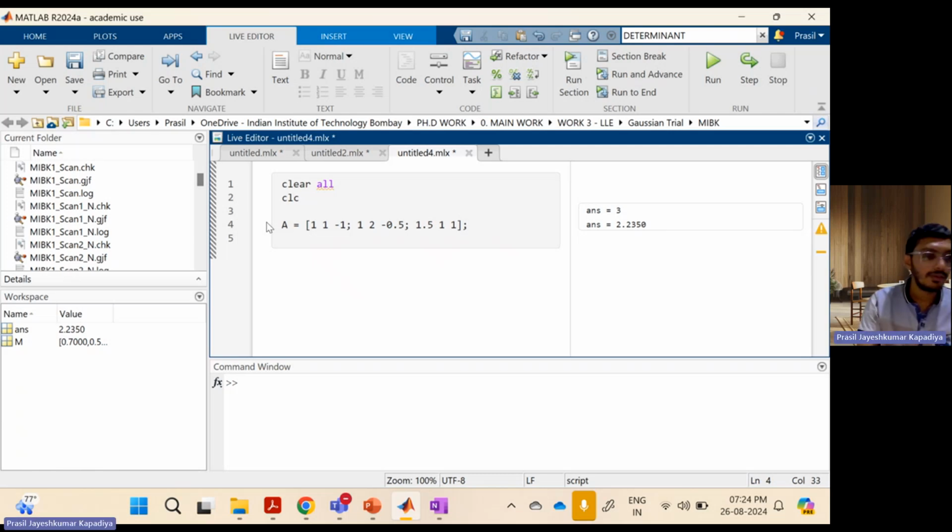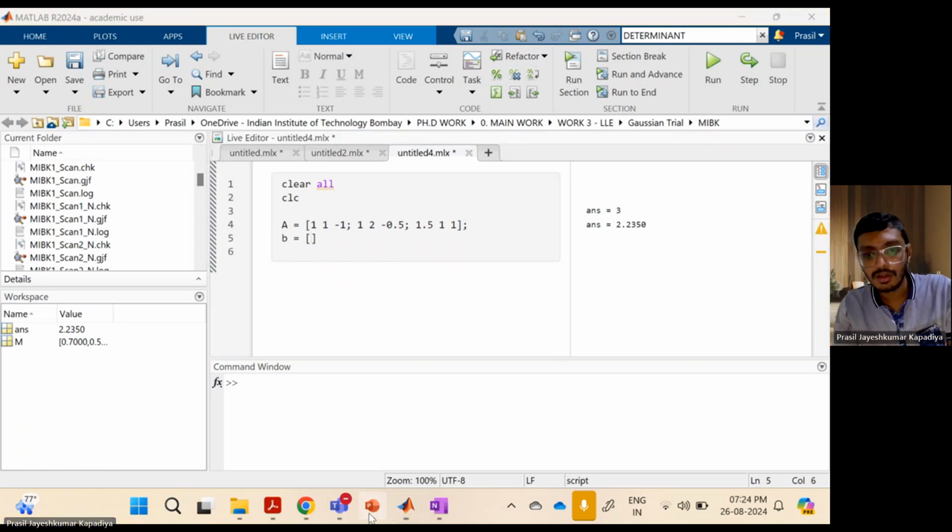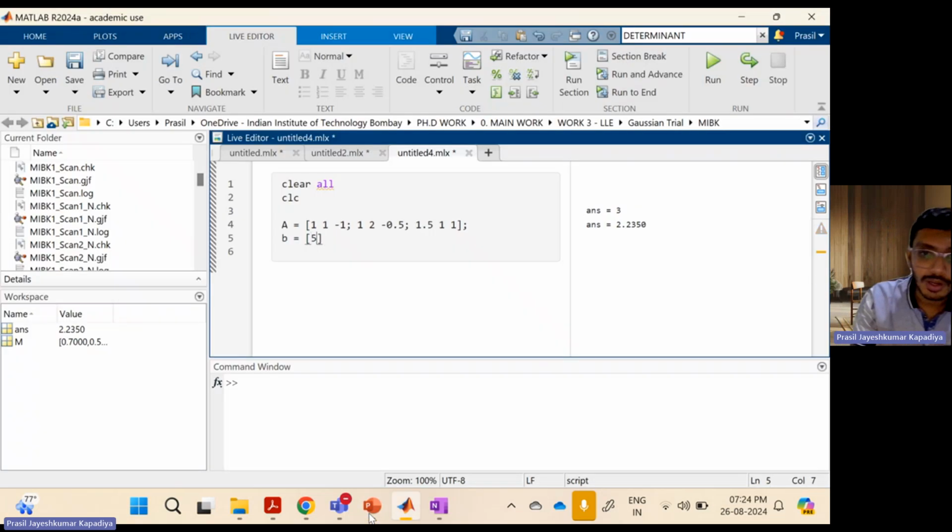So the first equation is 1, 1, minus 1. The second equation is 1, 2, minus 0.5. And the third equation is 1.5, 1, 1. Now let's write down the matrix B, that is 5, minus 1, 2, 5, minus 1.